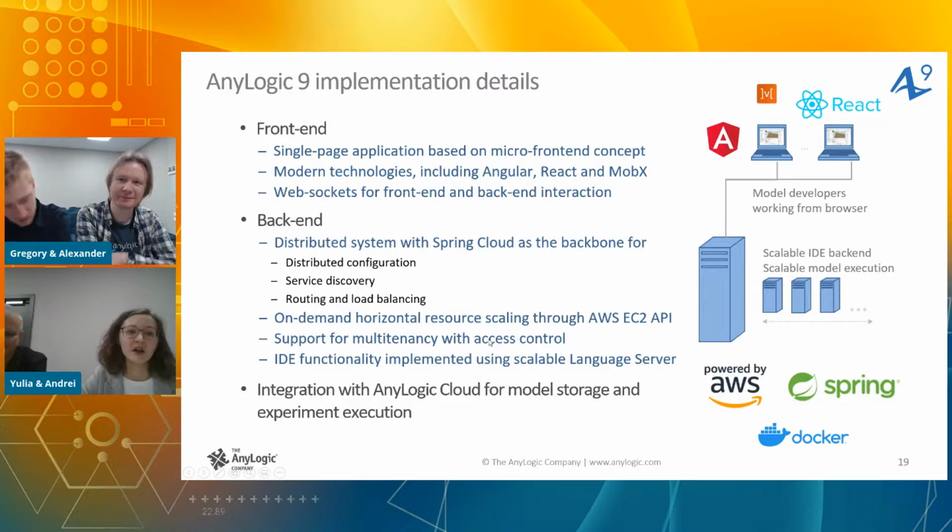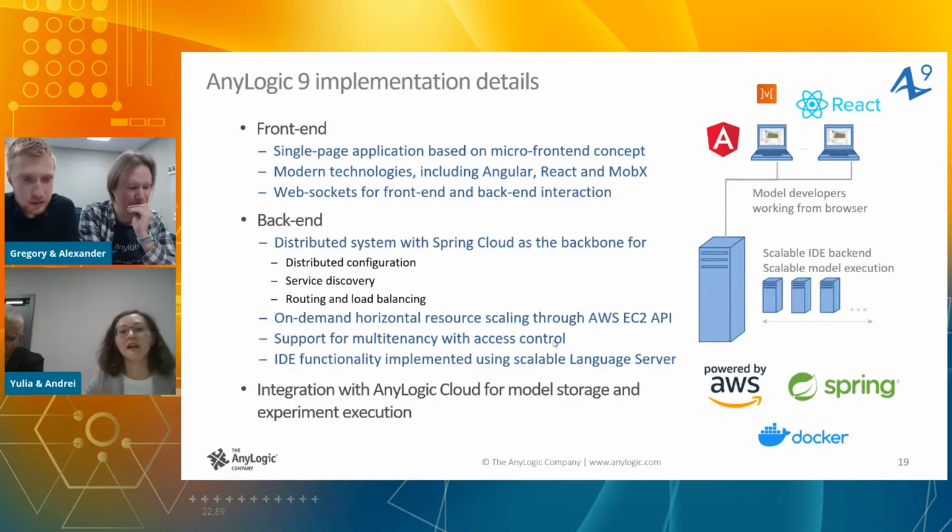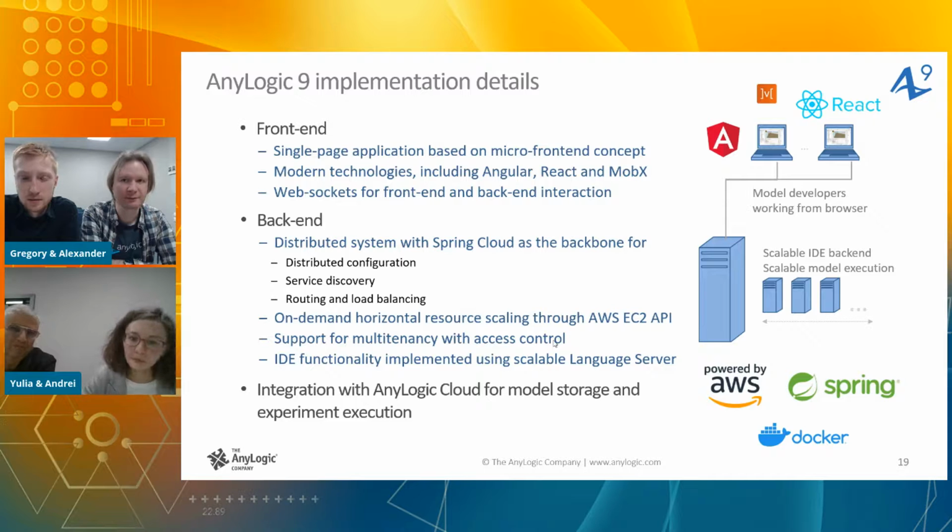Okay, so our backend is a distributed system which is implemented with the Spring Cloud framework, which is used for all regular patterns of distributed systems. We use Amazon computational nodes for on-demand horizontal scaling, and if you use a private server, you can also integrate with other cloud providers.